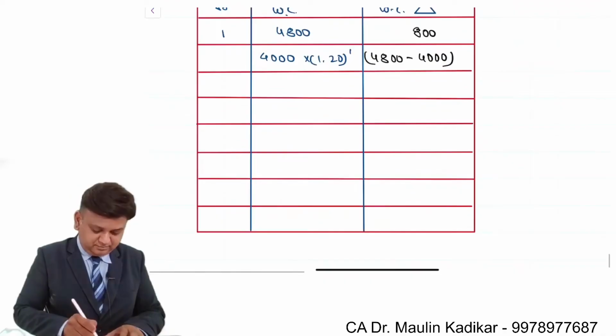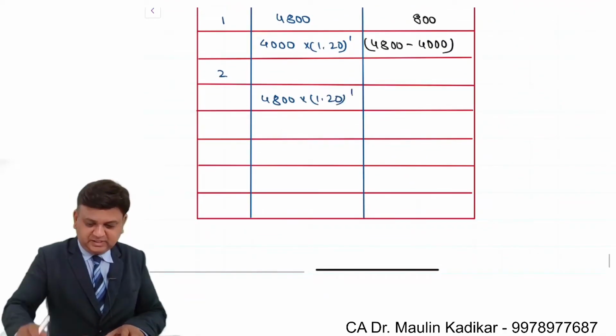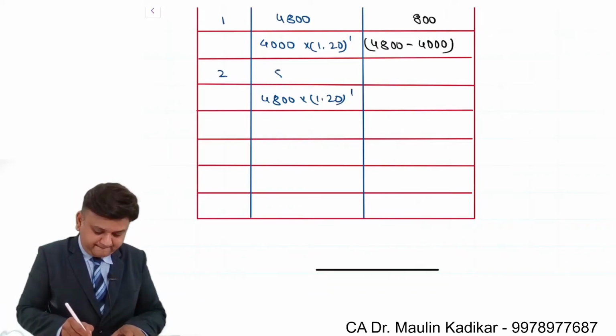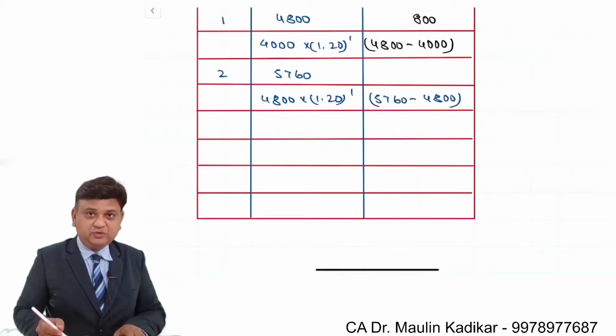In the second year, 4,800 into 1.20 raised to 1 once again. So that comes to 5,760 minus 4,800. That comes to 960.